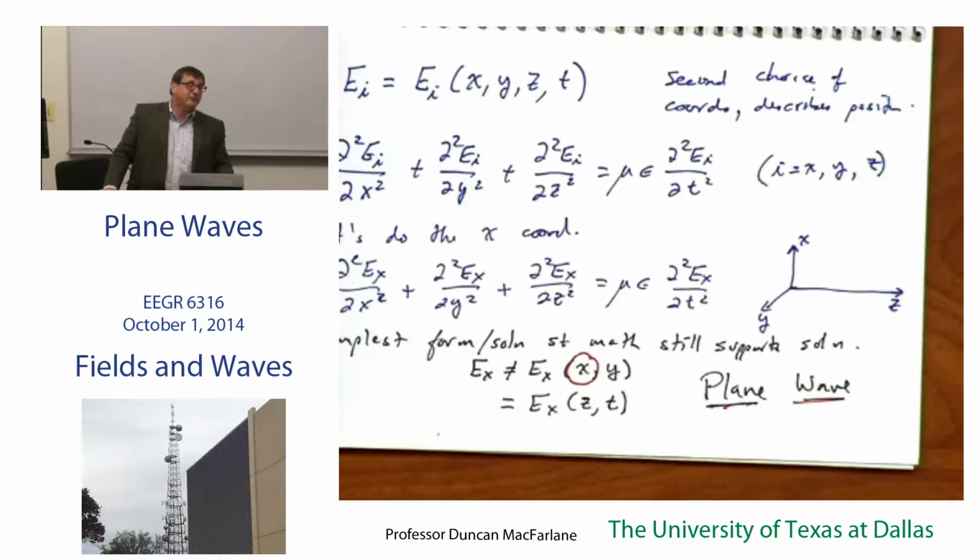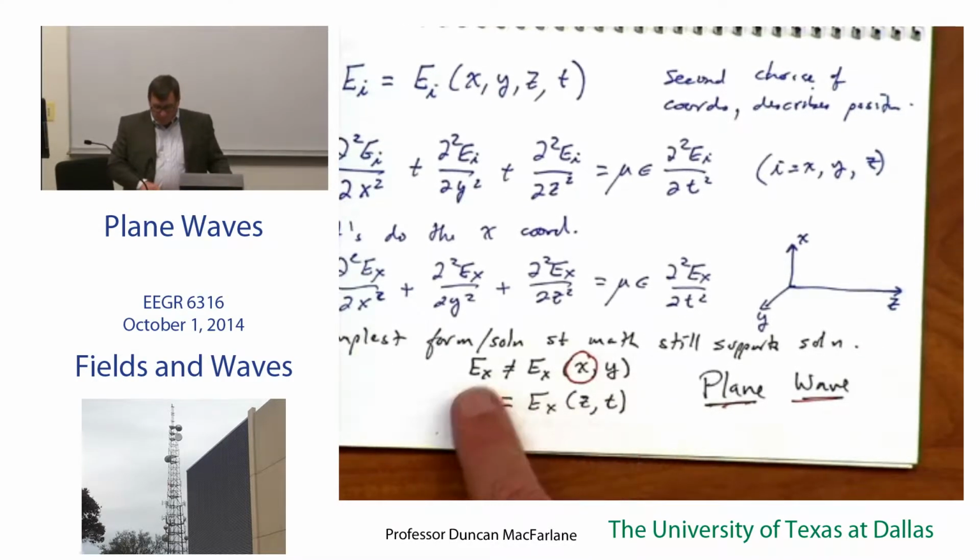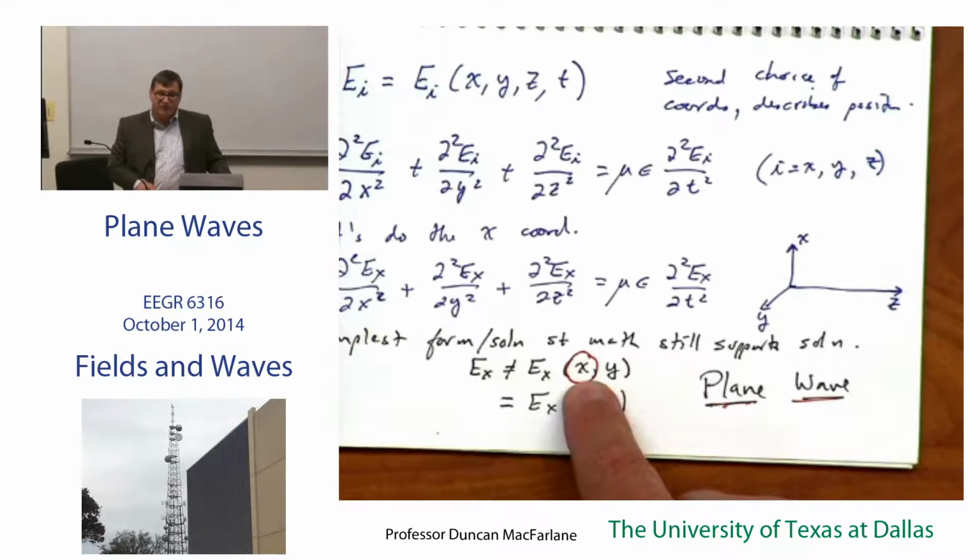Maxwell's equations have some rules that govern where E must be versus where H must be versus where waves will go, just to be blunt about it. And so we have to be careful. We cannot pick E sub x as a function of x.